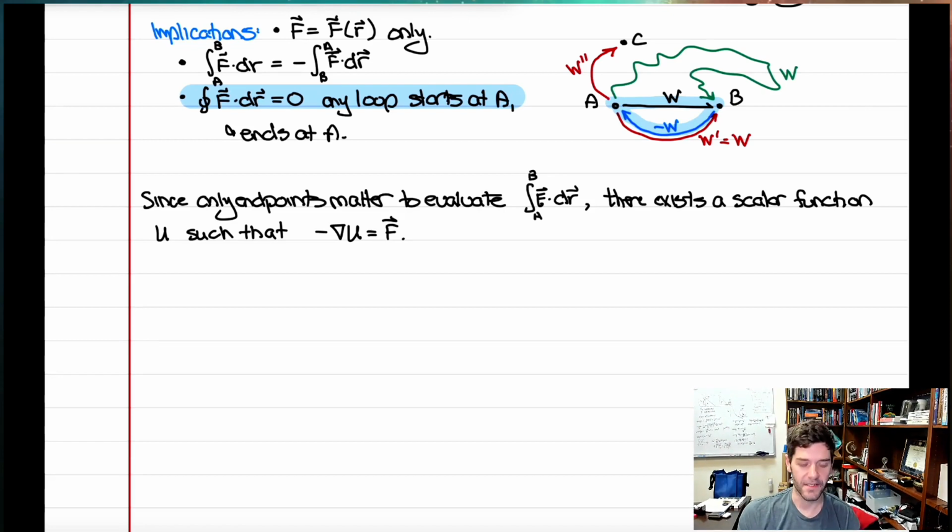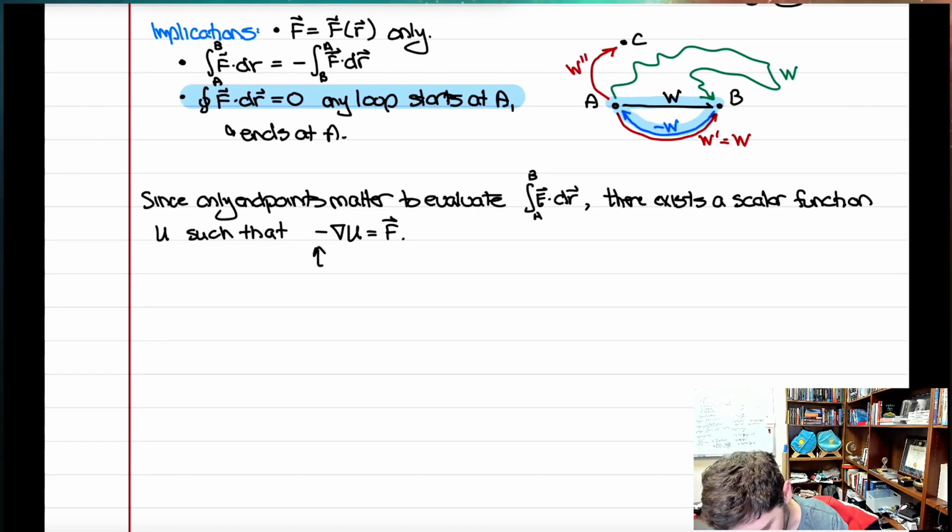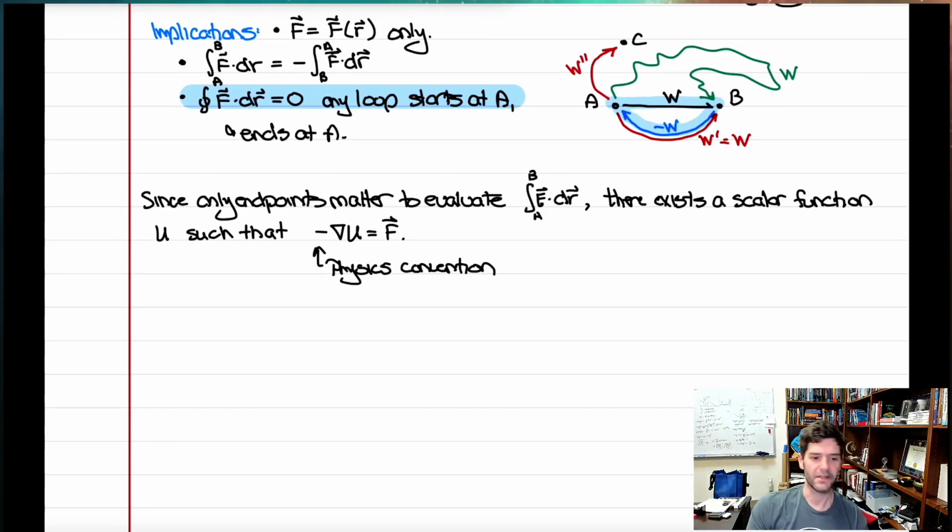I take a scalar, I take the gradient, and the minus sign actually is a physics convention. If you look at this in a math textbook, there usually isn't a minus sign here. We're throwing in a minus sign just as a convention. That's fine. Such that if I take the gradient of this function, throw in a minus sign, I will get back the force vector.